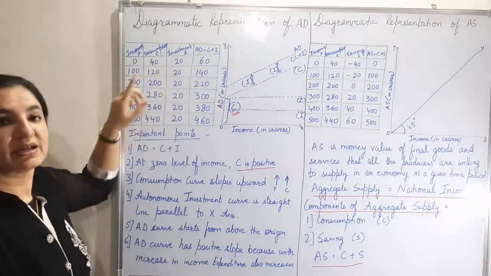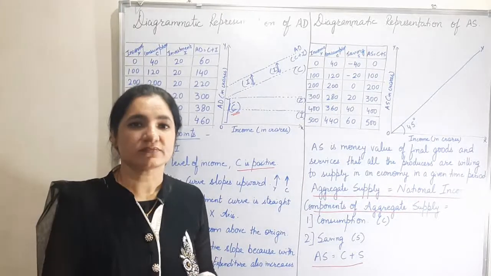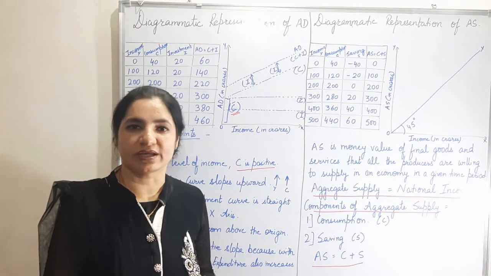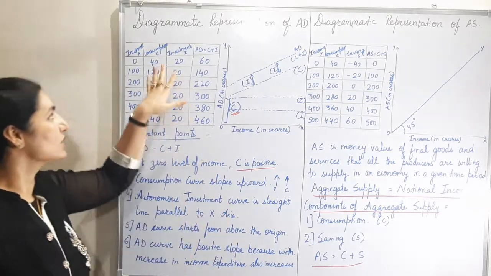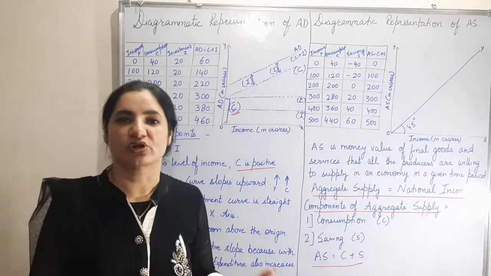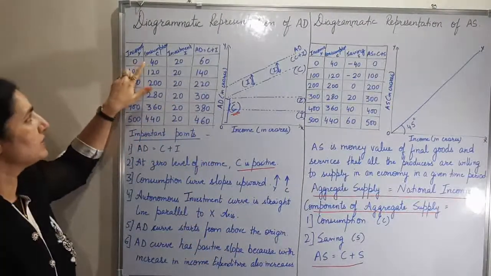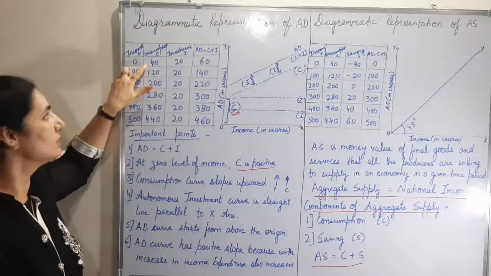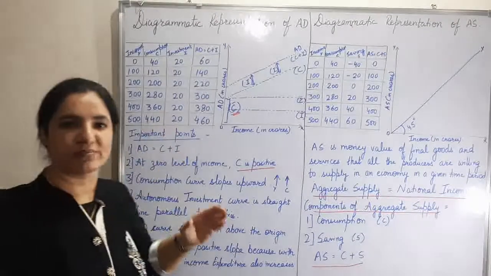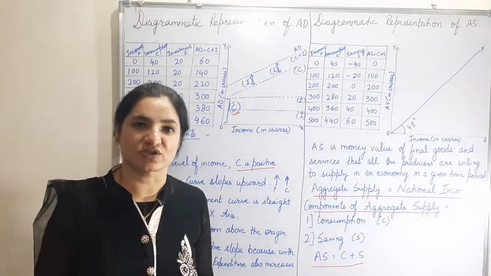If a person is not earning at all, then also he is required to consume, because without consumption he will not be able to survive. So at 0 level of income, consumption is present. Investment is taken as autonomous. Autonomous means fixed, and it cannot be changed with the levels of income.